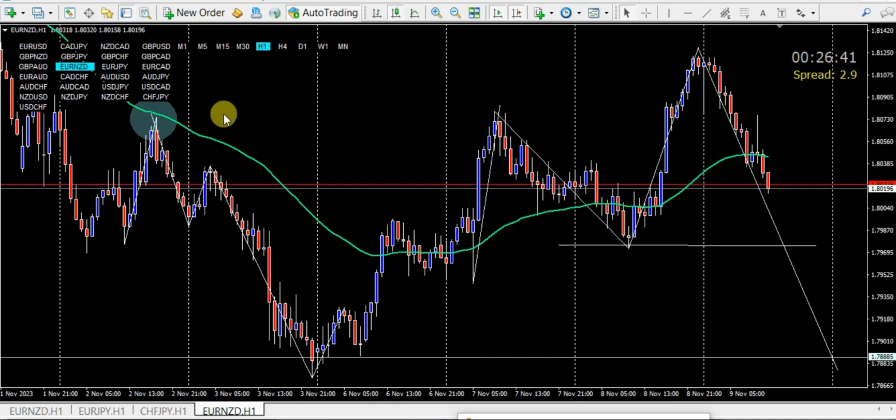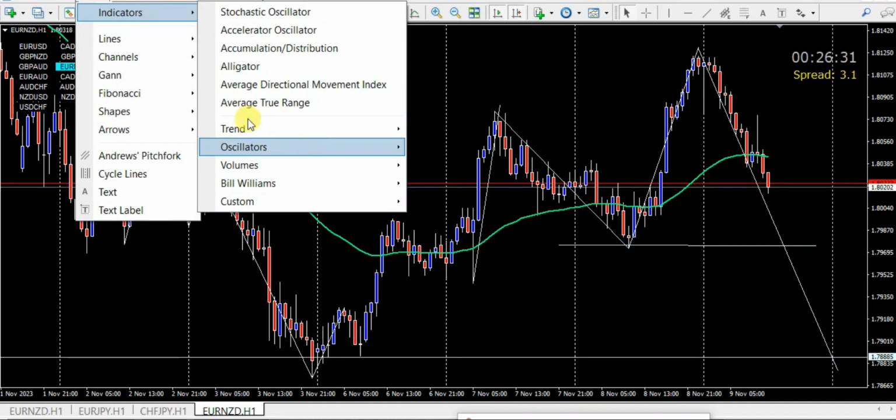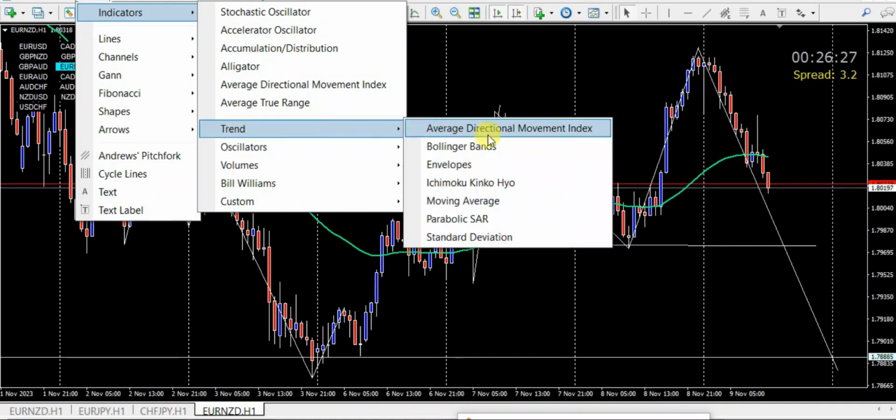You can do that on any time frame with any moving average, with any indicator, even if it is not a moving average. We have a lot of trend following indicators: Bollinger Band, envelope, Ichimoku, moving average, parabolic, standard deviation.